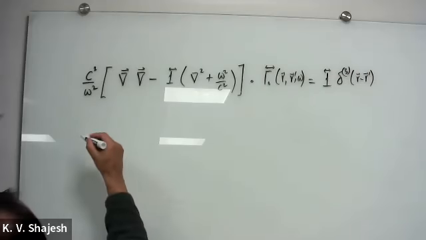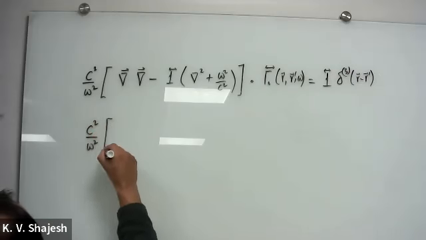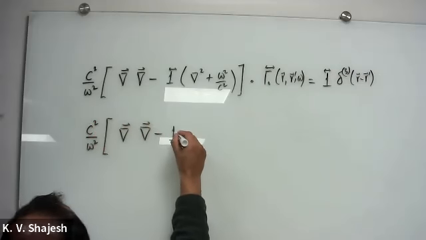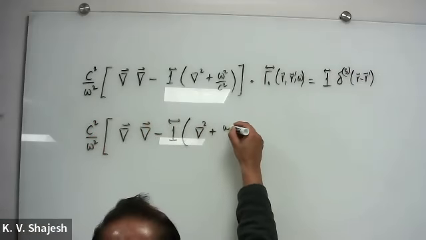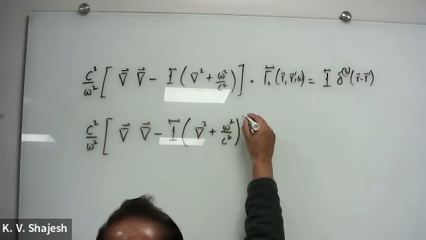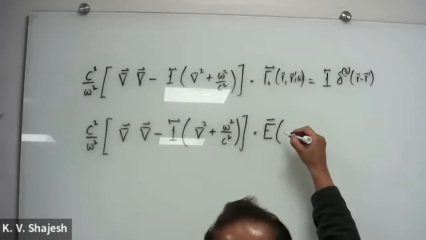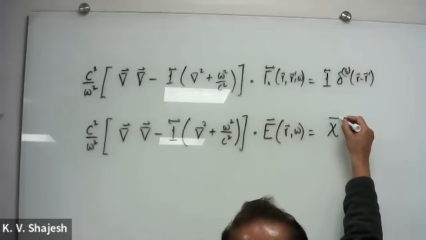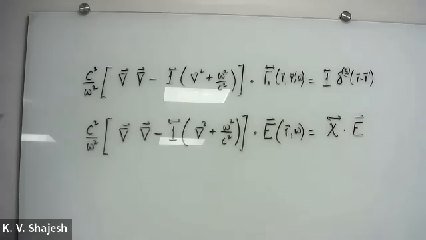And I also have my electric field equal to the Green's dyadic dotted with the source. That's my total electric field.